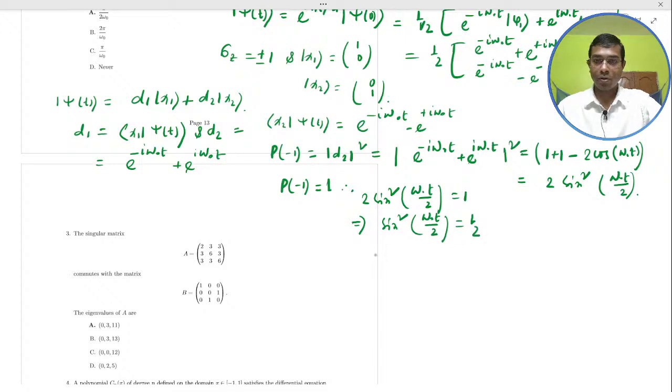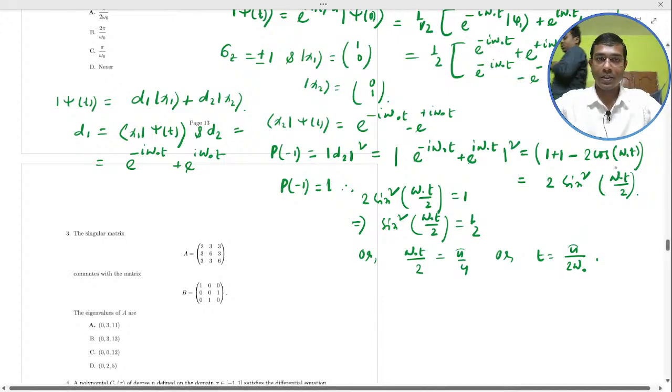So omega naught t by 2 is pi by 4, that implies t equal to pi by twice omega naught. Option A is correct.